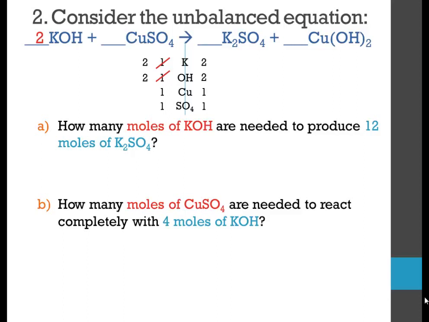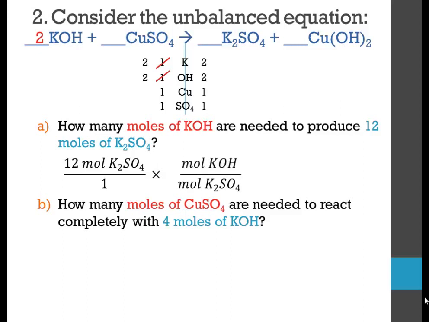How many moles of KOH are needed to produce 12 moles of K2SO4? So I'm asking for my wanted quantity, which is moles of potassium hydroxide, and I'm given 12 moles of potassium sulfate. So we start with our given, which is 12 moles of potassium sulfate, and we're already in moles, so we can go straight to a mole ratio. So I'm going to put mole of K2SO4 on bottom to cancel out.